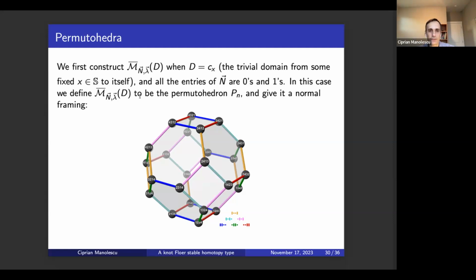And then you just define this to be the permutohedron. This is a standard polytope. The vertices are permutations, and we give it some normal framing by hand. I won't explain what it is, but you can do that. And then embedding into a Euclidean space. It's some very combinatorial explicit procedure.